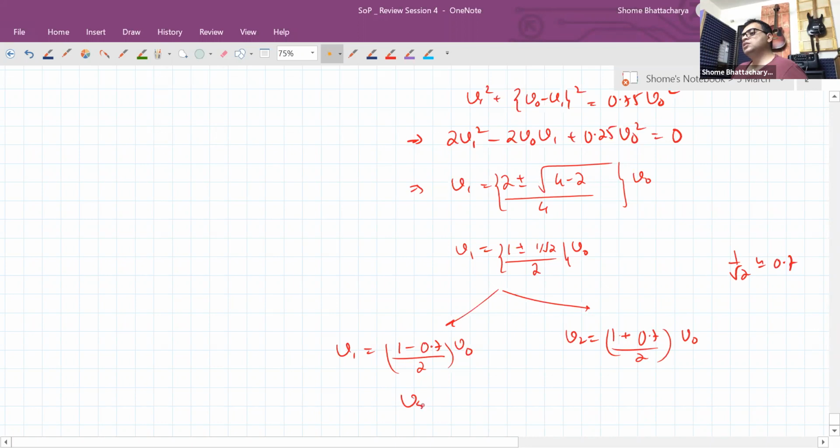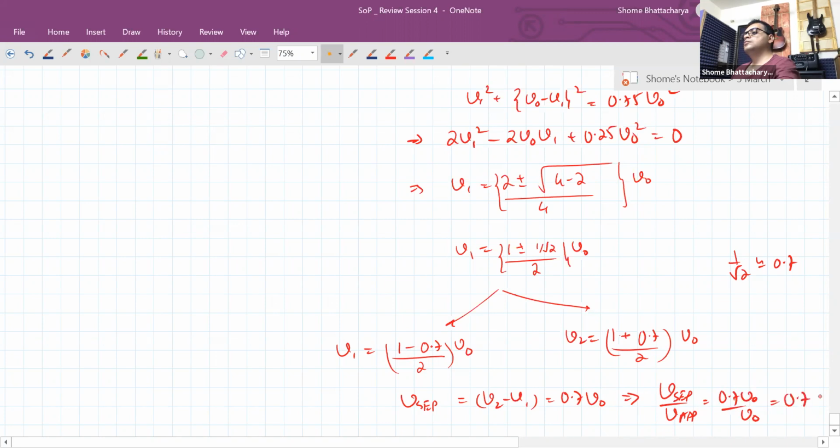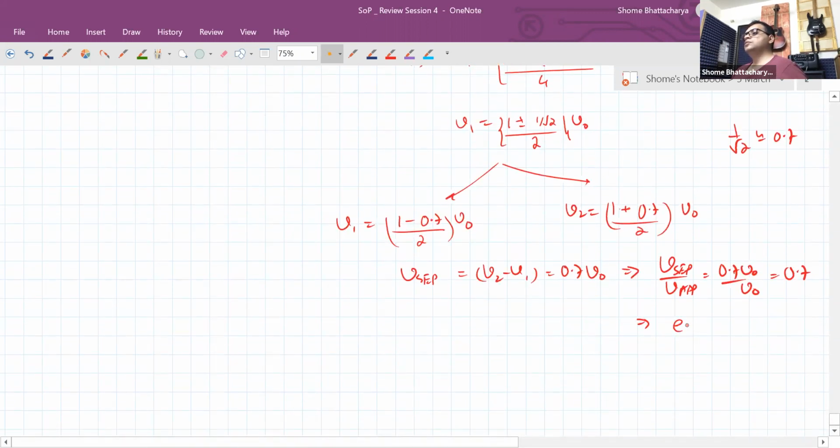And from this we can also see that the separation velocity, which is V2 minus V1, is 0.7 times V0. So the ratio of separation to approach velocity is nothing but the coefficient of restitution.